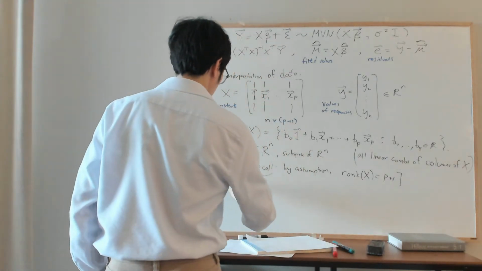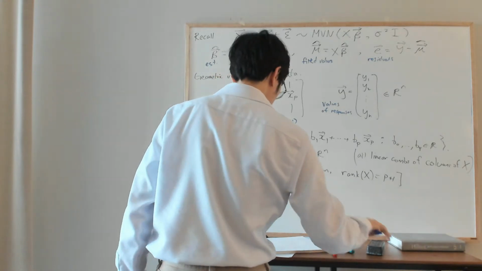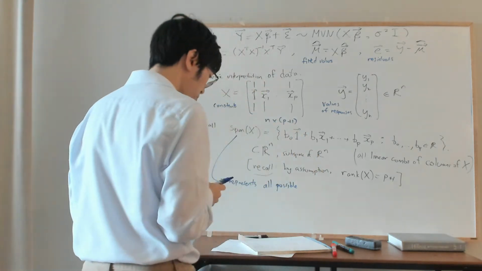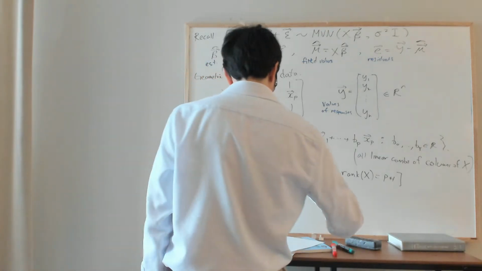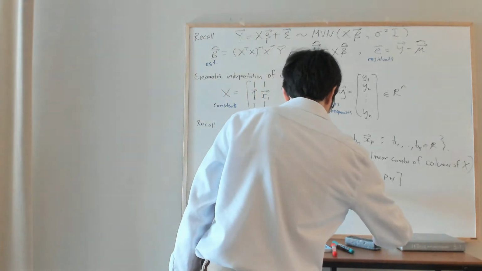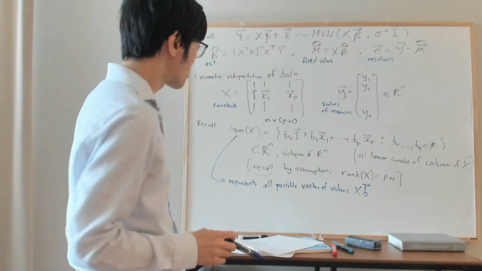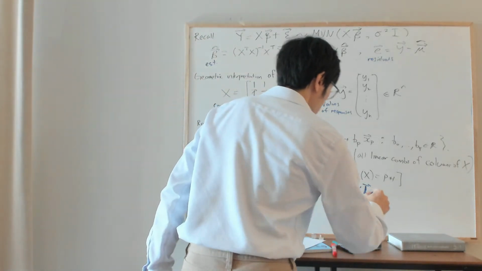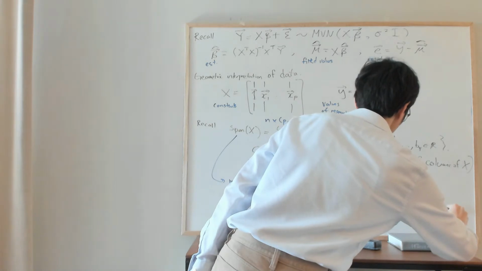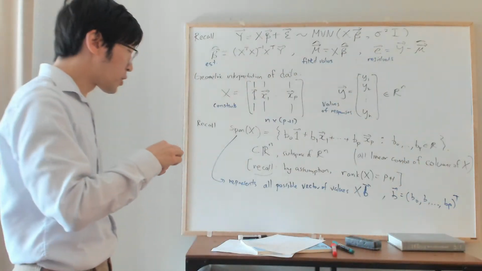We can say it represents all possible vector values of X times b. Here we're defining b as these numbers b0 up to bp.